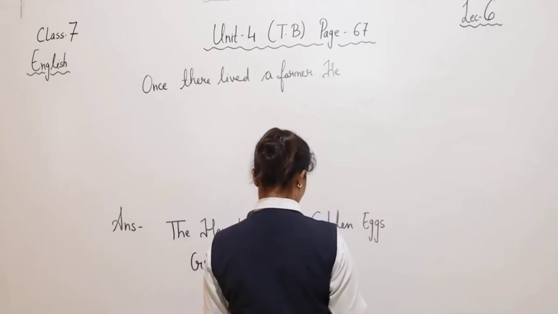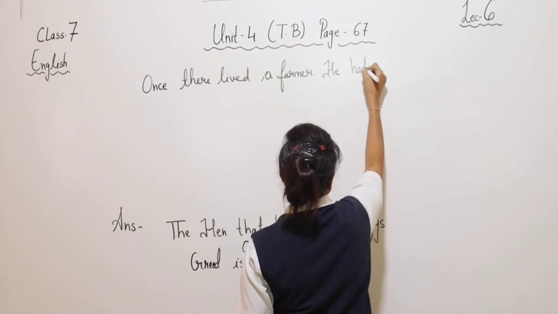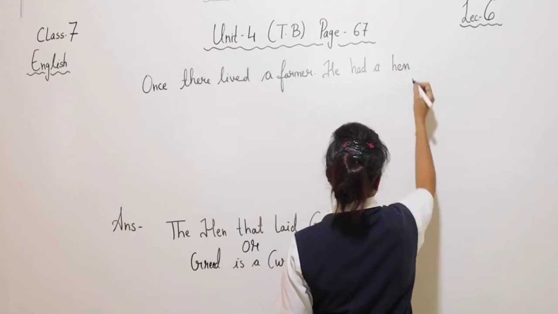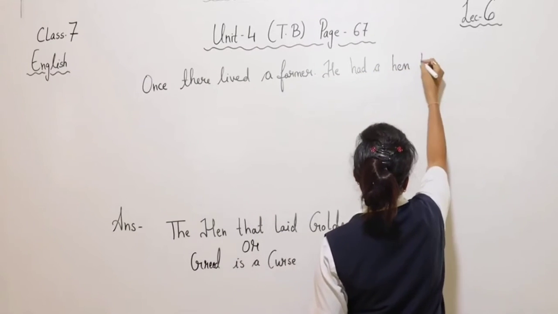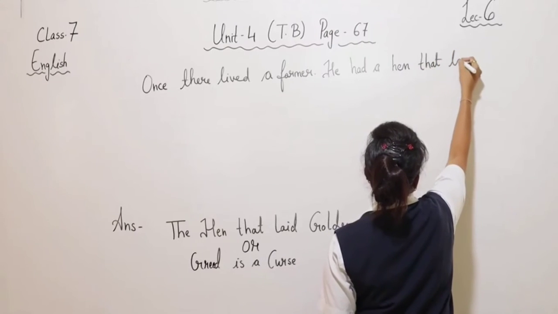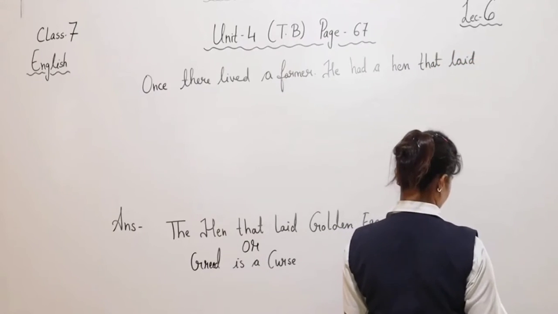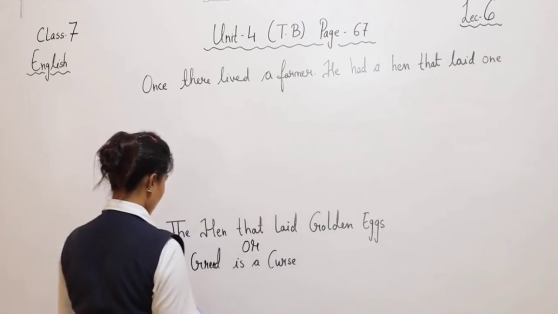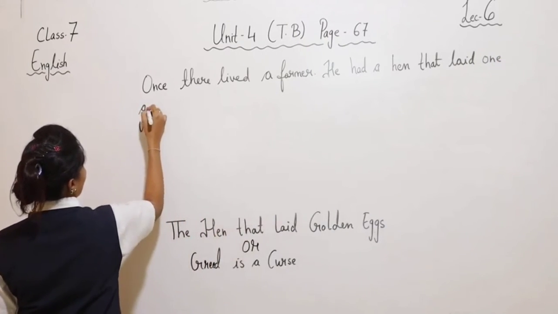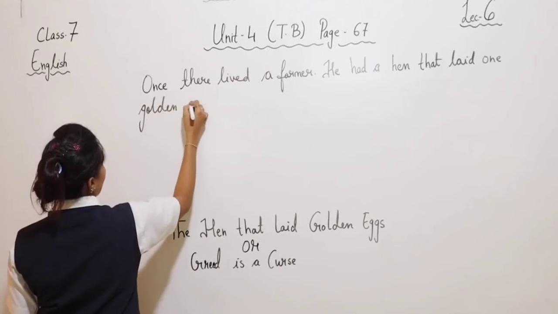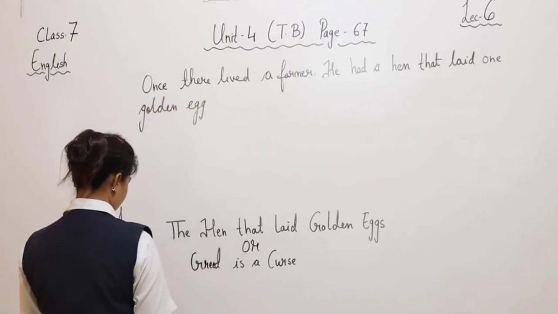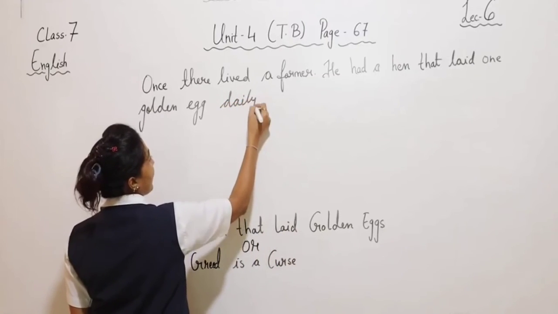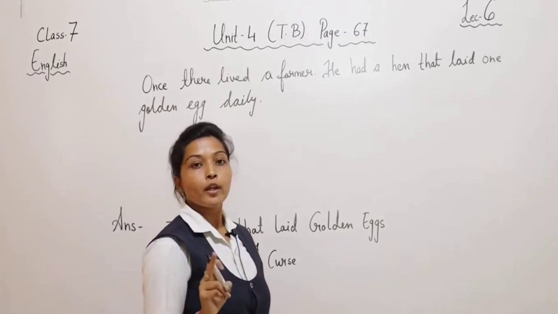He had a hen that laid one golden egg daily. Daily, that is every day, hen laid one golden egg.